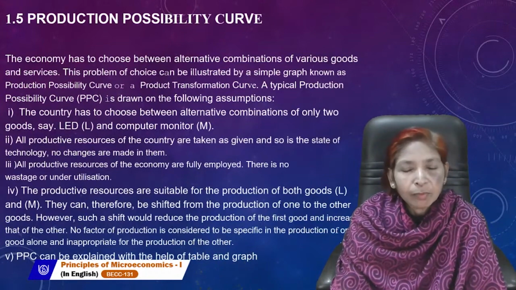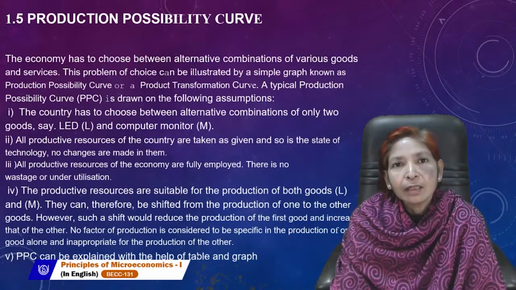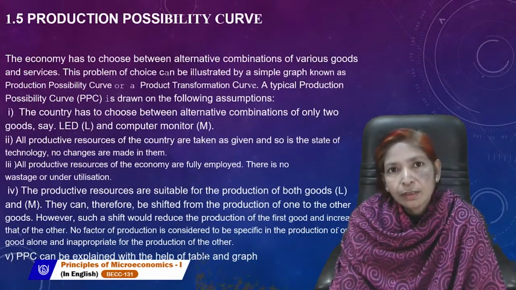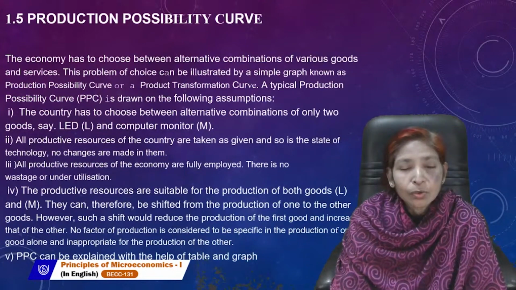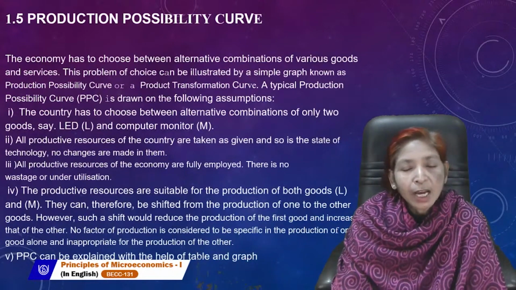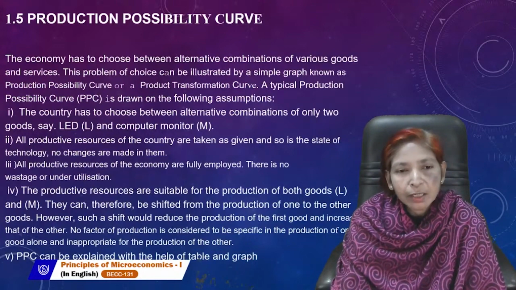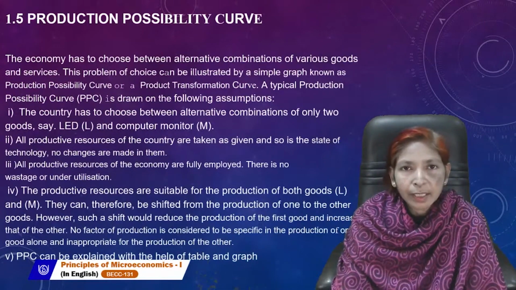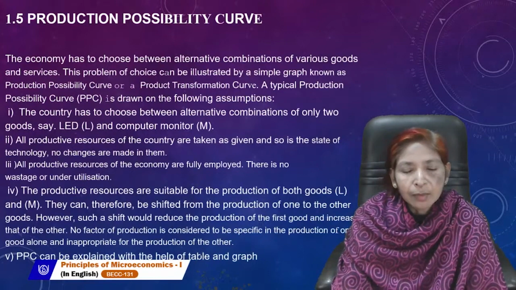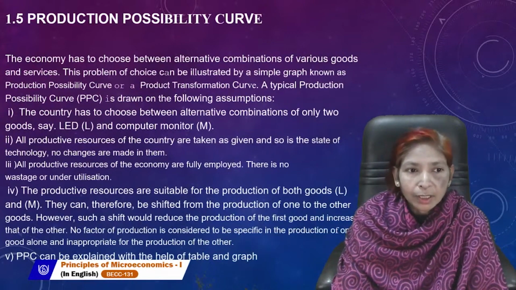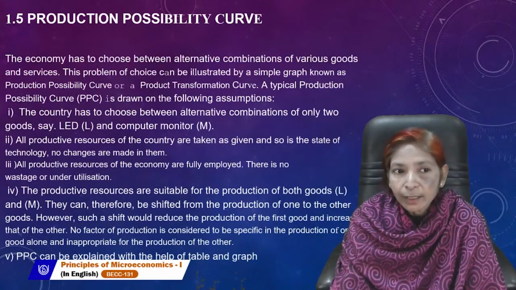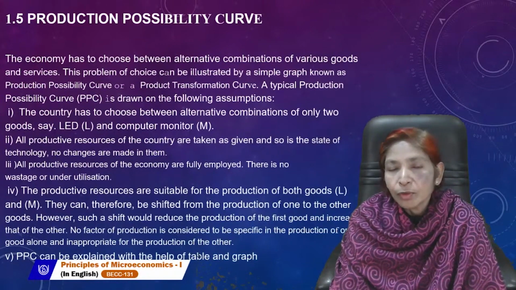It means we have to make a choice between these two goods because we know that resources are limited. We have limited resources, so we have to make a choice. Scarcity always creates the problem of choice, and the problem of choice can be solved by giving priority. If you want to produce more LED, you will produce less computer monitor.